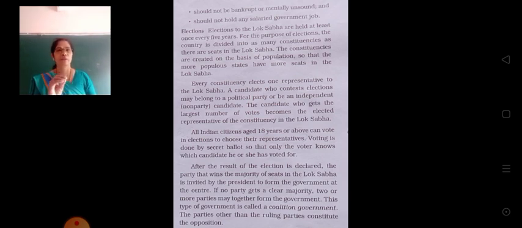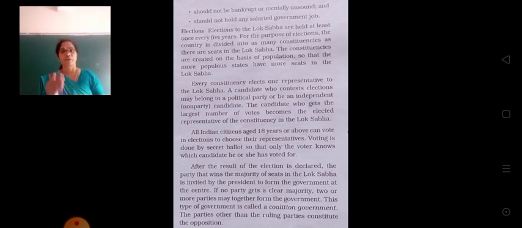For the purpose of the elections, the country is divided into as many constituencies as there are seats in the Lok Sabha, for the convenience of elections, and the constituencies are created on the basis of population.